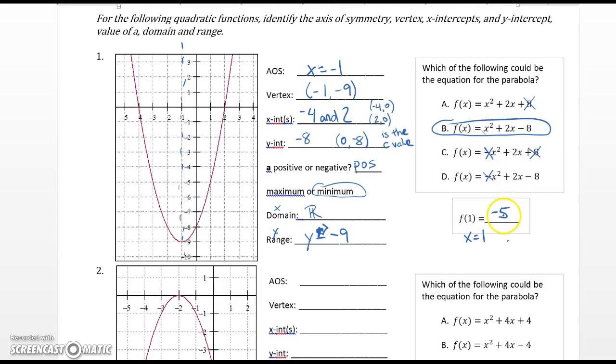So 1 squared plus 2 is 3, and 3 minus 8 is also -5. So you can verify that you chose the right equation for the graph, or you can look at it on the graph. Alright, go ahead and try to finish numbers 2 and 3, and then we will display the answers for those.